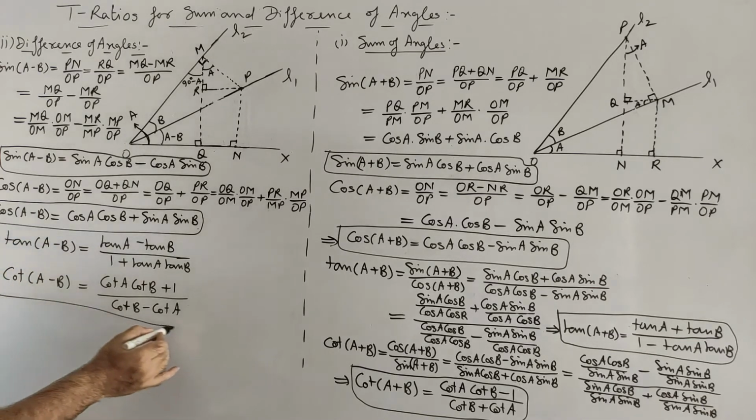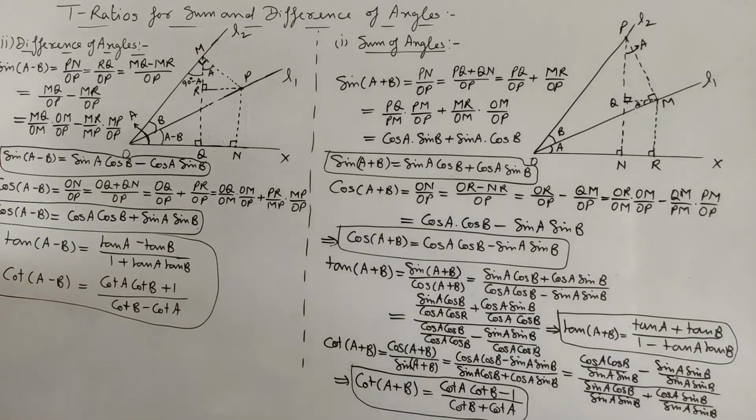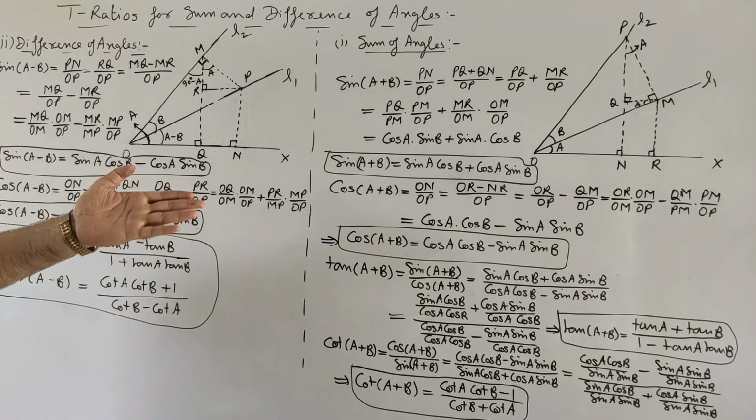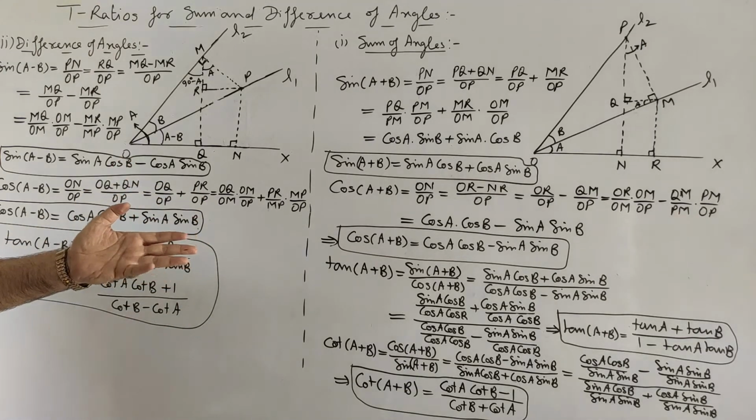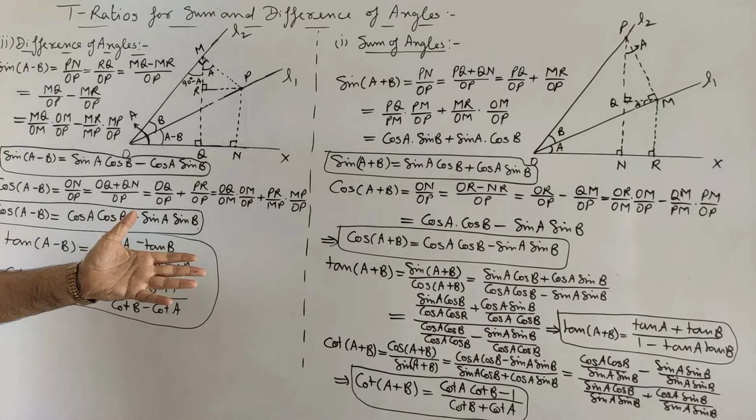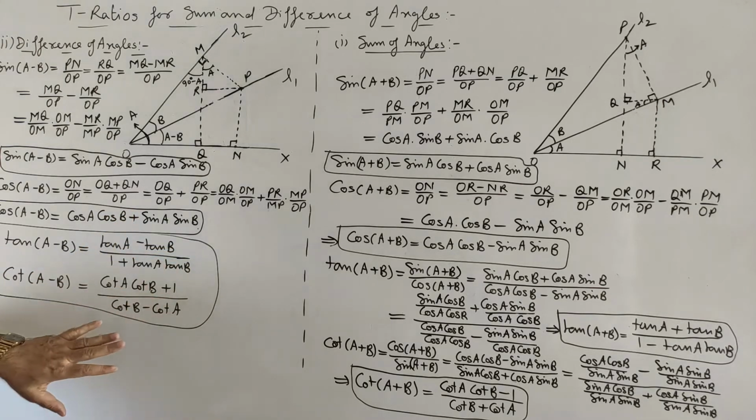So in this way we can find out the T ratios for sum or difference of two angles. There are several other formulas that can be obtained from the formula for T ratios of sum and difference of two angles. We will obtain those relations later on.